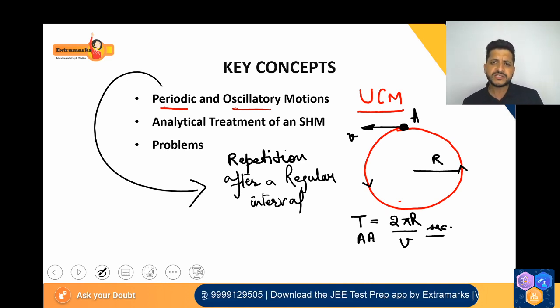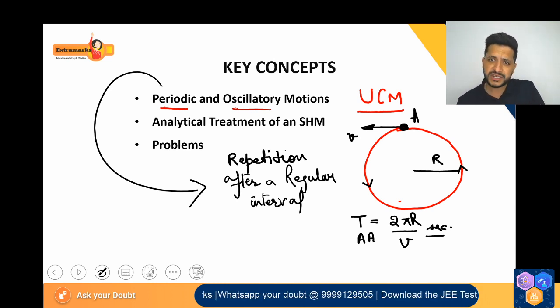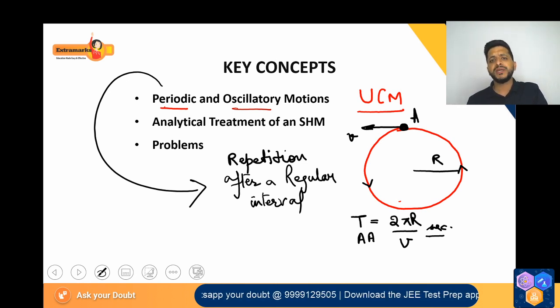No energy loss is happening anywhere. If energy loss is not there, such kind of oscillations are called undamped oscillations. In JEE Advanced, not in JEE Mains, one question will be on damping, where we have exponential terms that we will see later in the course. But as of now, we are only dealing with undamped oscillation.